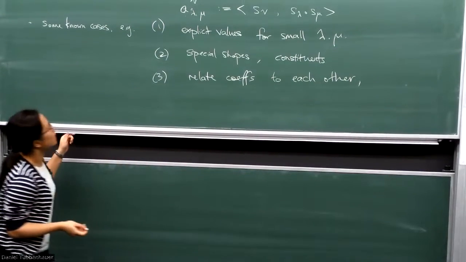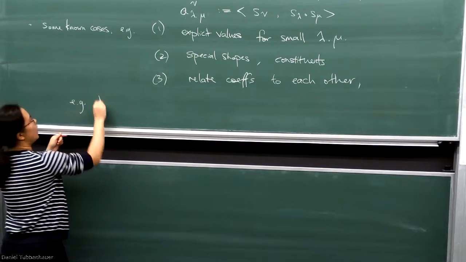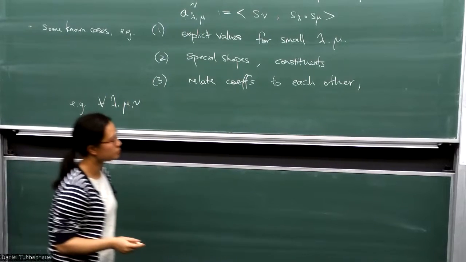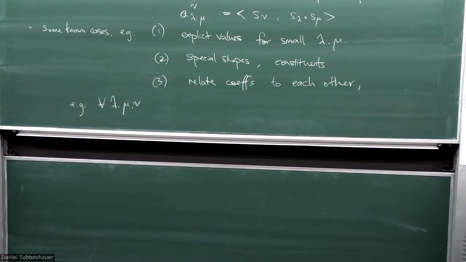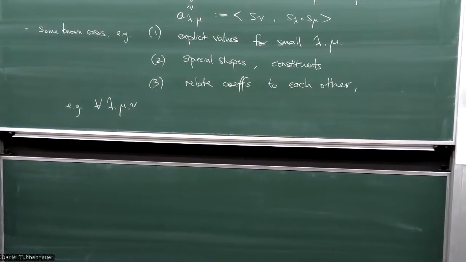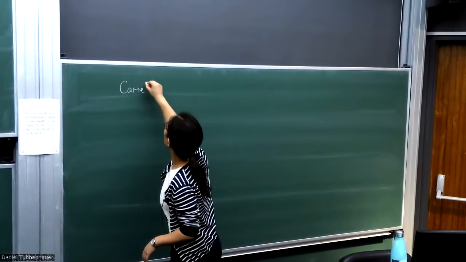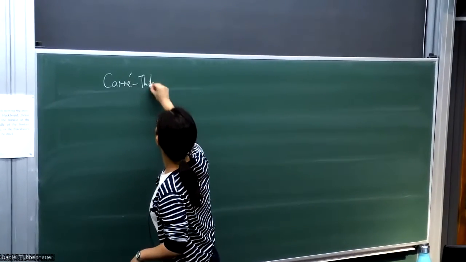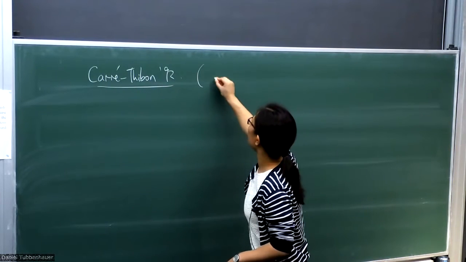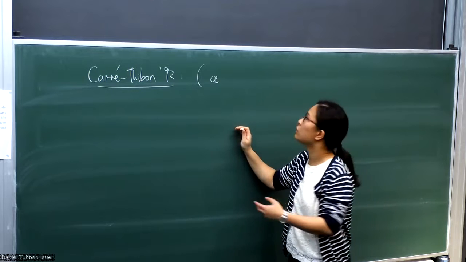So just to note down a couple of results along these lines, for any lambda, mu, and nu, a very nice result of Carré and Thibon from '92 says that the following sequence of plethysm coefficients should always be eventually constant.